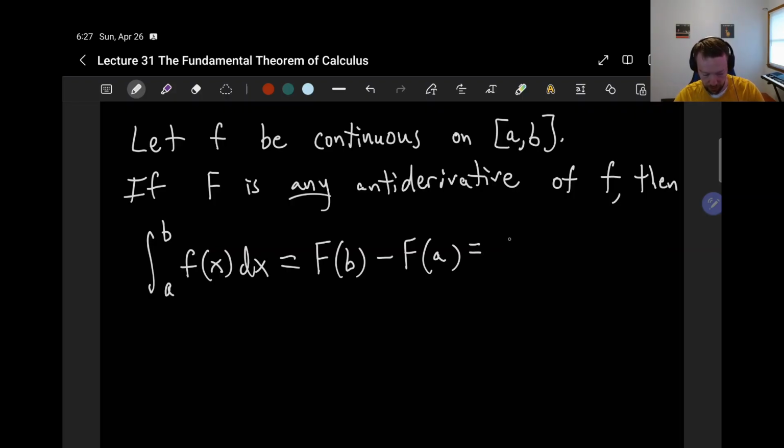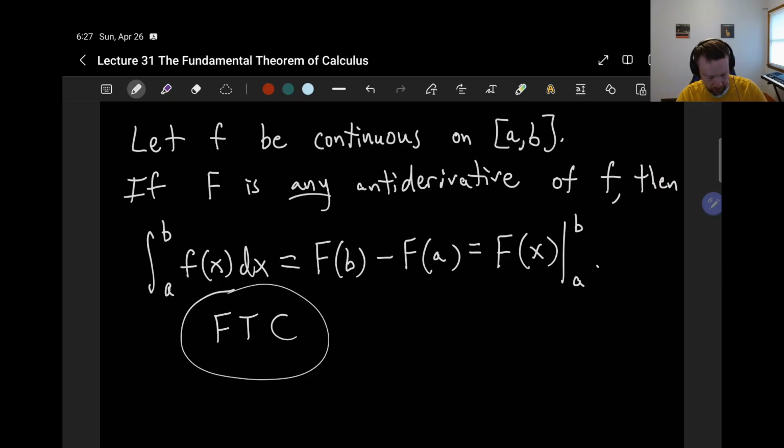And we have special notation for this, which we will use often. Capital F of x, vertical bar, a and b. That just means this difference here. We call this the fundamental theorem of calculus, or FTC. Technically, it's part 2 of the fundamental theorem. There is another part, but we're not really dealing with that in this course.